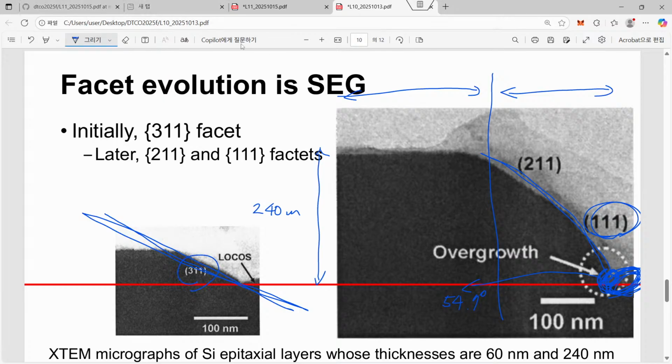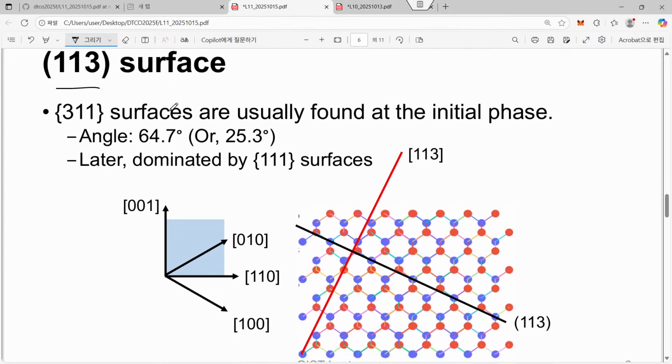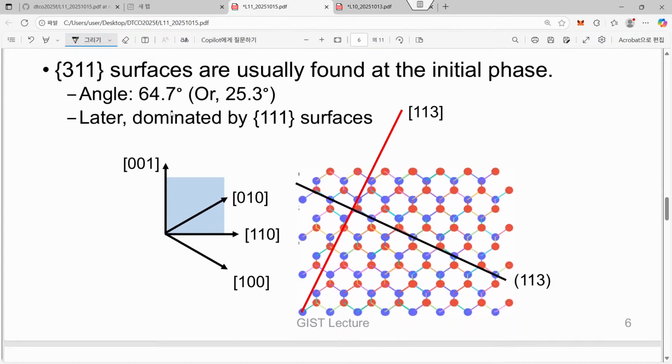Following the same procedure, please try to identify the 113 direction. When you draw the 113 direction, and of course our 113 surface is normal to this direction, and you calculate it, this angle is just 25.3, much smaller than our previous 111 surface.